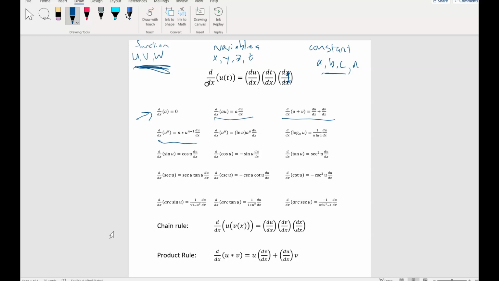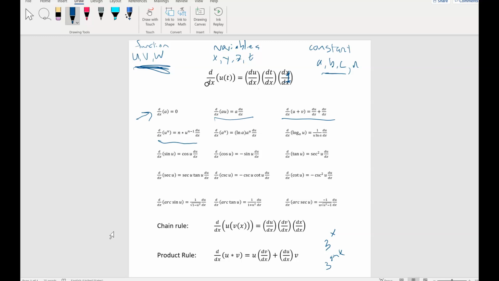So then the next rule is the exponential rule. So notice that a is the base of the exponent now. Excuse me. And it's raised to some expression. So this could be like 3 to the x, or like 3 to the sine x, something like that.